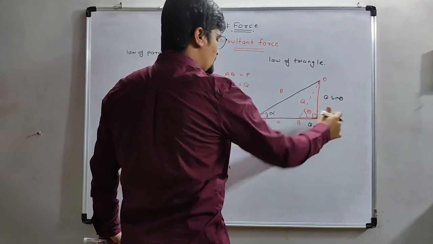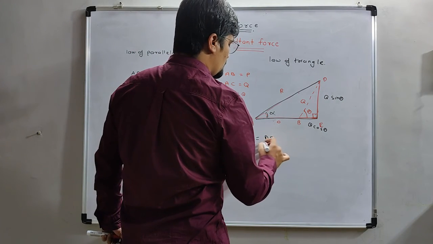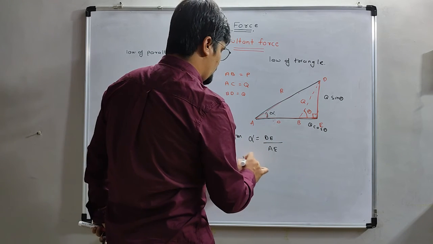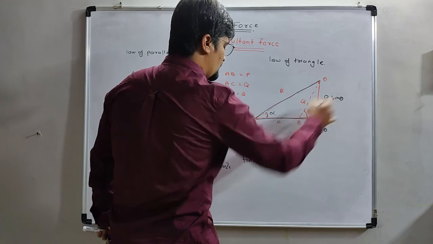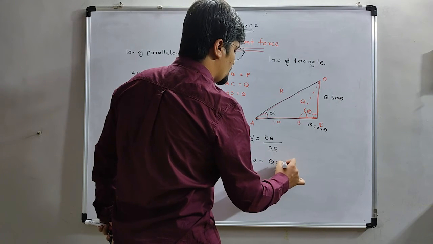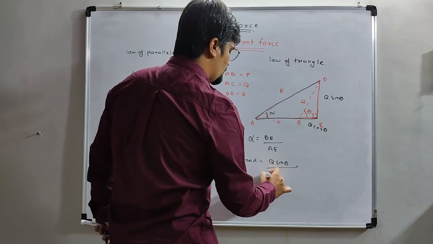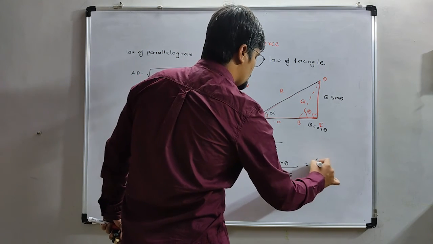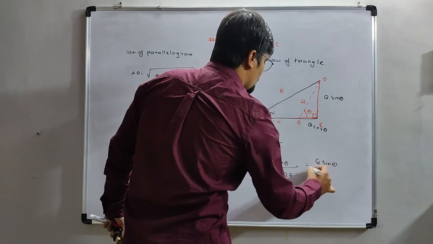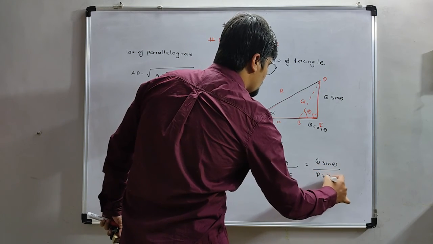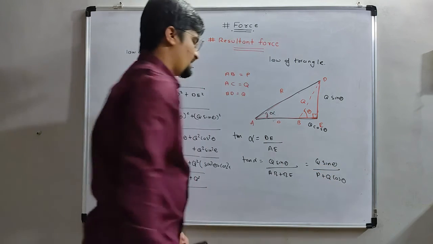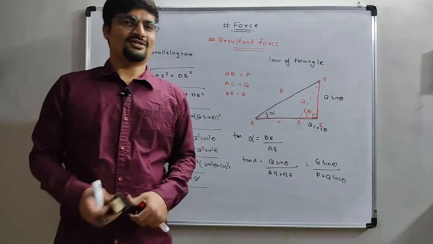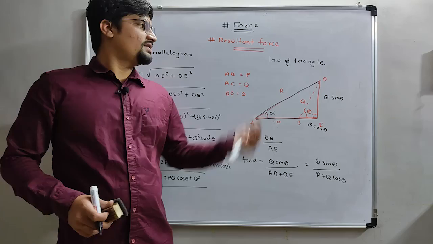This is D by A. So tan alpha is equal to D, which is Q sin theta, and A is equal to AB plus BE. It means Q sin theta by P plus Q cos theta. Likewise, I have found the value of alpha. I hope you all understand. Now moving towards the law of triangle.